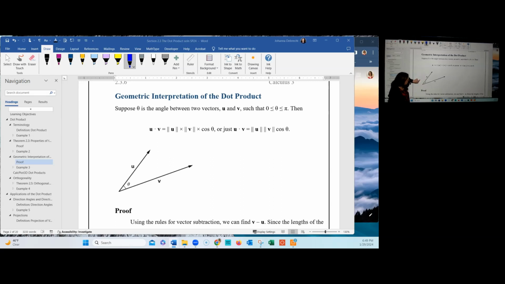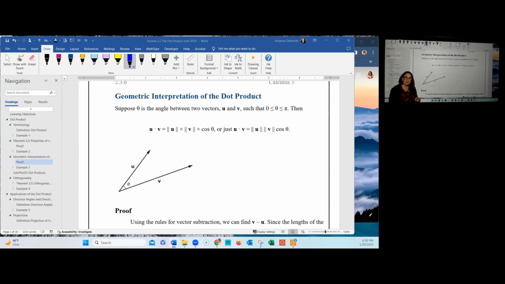The other angle goes around the outside and is larger than 180 degrees. But we're going to choose our angle theta so that it's always between 0 and pi, which makes sense. No matter how you have two vectors, the furthest apart they can get is if they point in opposite directions like this, and then they're 180 degrees or pi radians apart. So theta is always between 0 and pi inclusive.